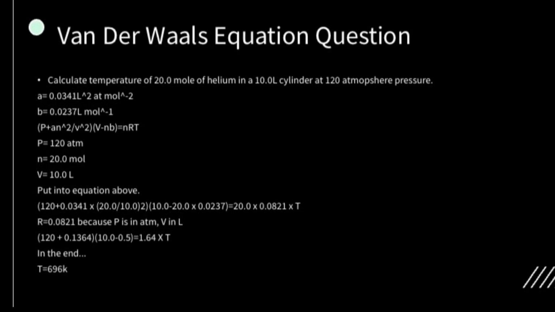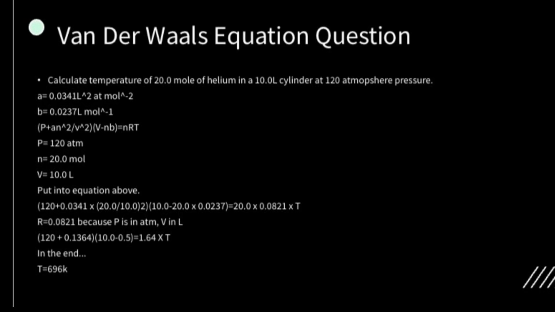Now we'll be doing the van der Waals equation and the question that we have chosen for that. We will calculate the temperature of 20.0 moles of helium in a 10.0 liter cylinder at 120 atmospheres pressure. A equals 0.0341 liters squared mole to the negative 2. B equals 0.0237 liters mole to the negative 1.